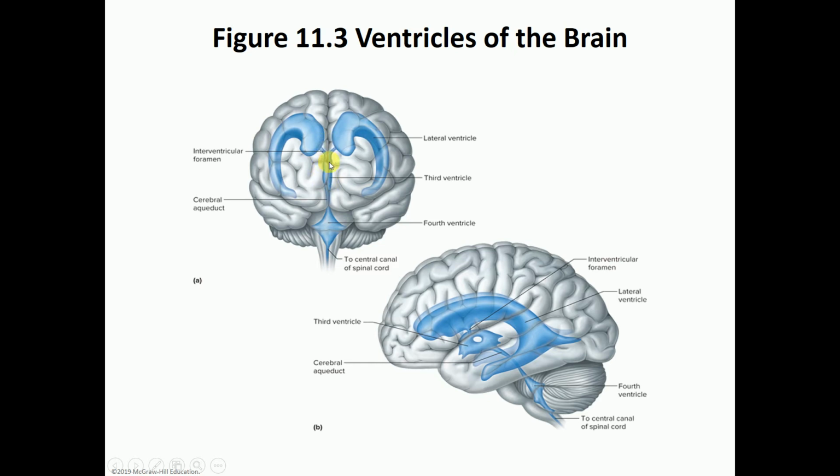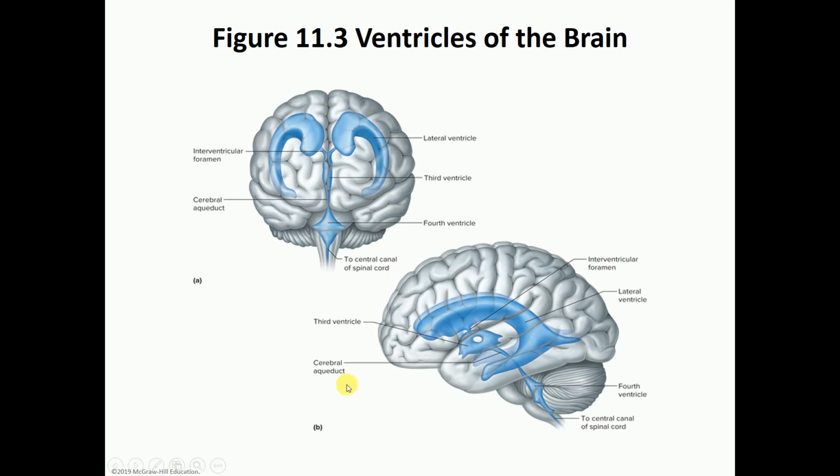So the 3rd ventricle is really found in this space. It's a very tiny space found in between the 2 cerebral hemispheres, and we call that the 3rd ventricle. And then the CSF will pass through a duct of water, hence the name cerebral aqueduct. It's known as either the cerebral aqueduct of Sylvius or the cerebral aqueduct of the midbrain. Sylvius is just the scientist that discovered it.